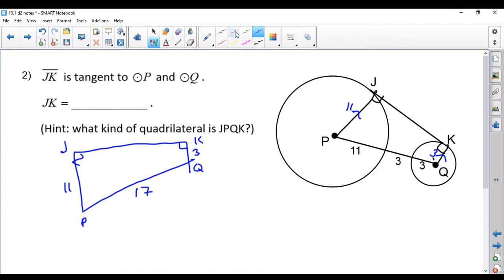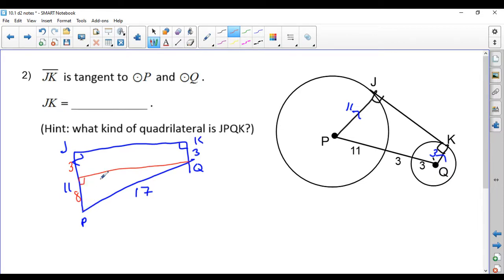When we have trapezoids, sometimes it's helpful to break them into a right triangle or multiple right triangles and a rectangle. In this case, if I draw a perpendicular across here, what I get is a rectangle on the top and a right triangle at the bottom. Now in that rectangle, K to Q is 3, so it's also 3 on this side. And that 3 is part of this 11, so from my perpendicular down has to be 8.